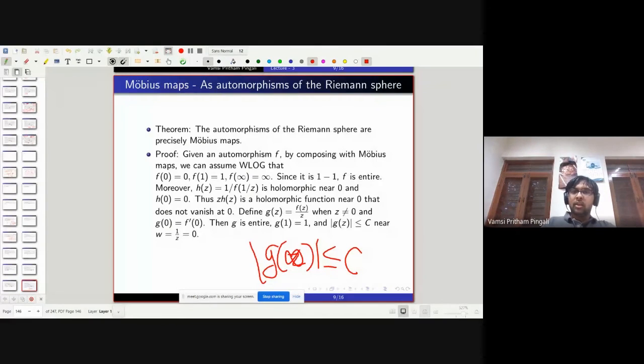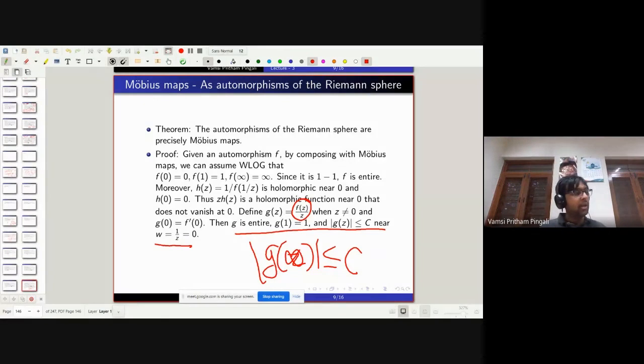So why is this statement correct? I urge you to think about it. Only when you think about this will you understand. So whatever this is, it is going to be an entire function that is bounded.